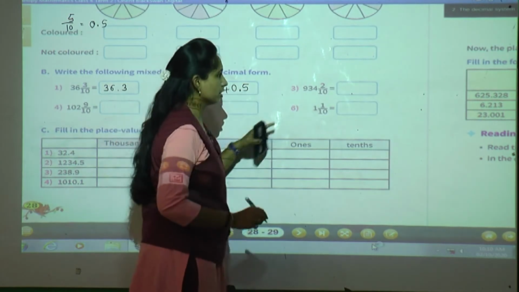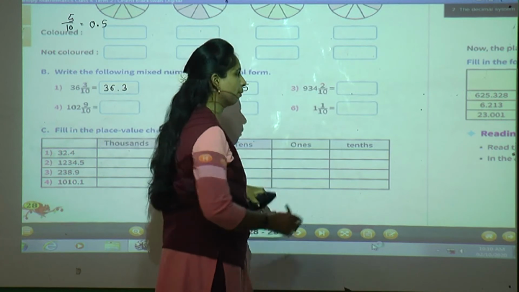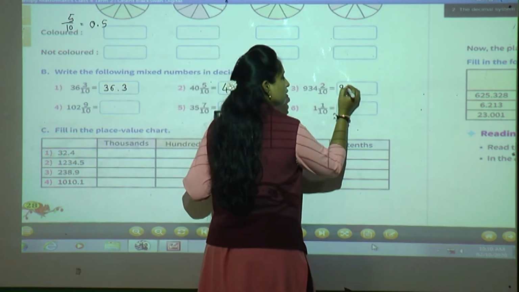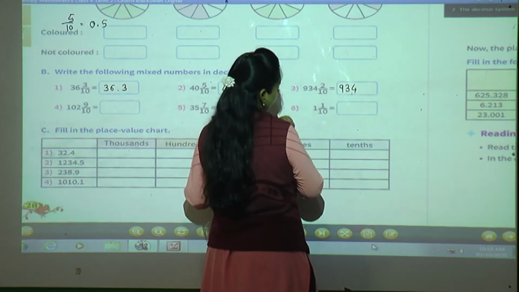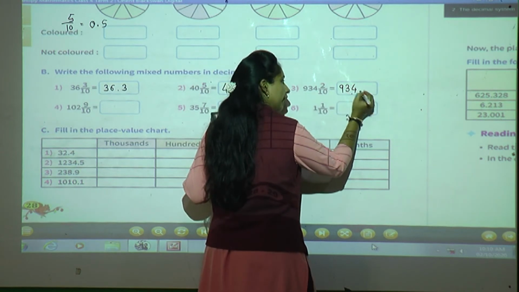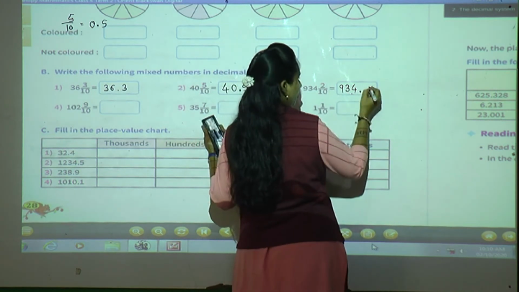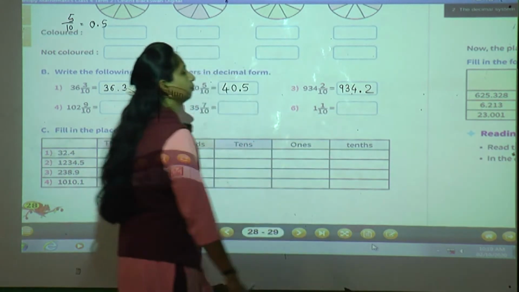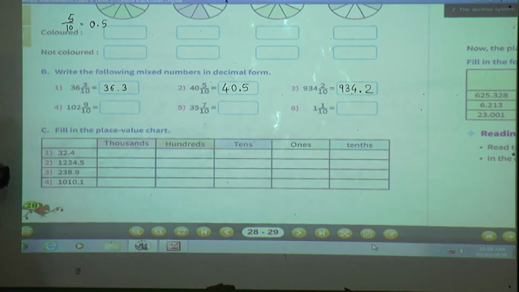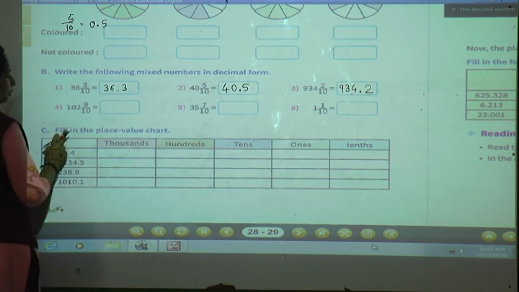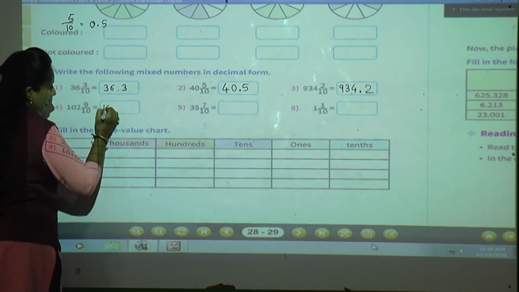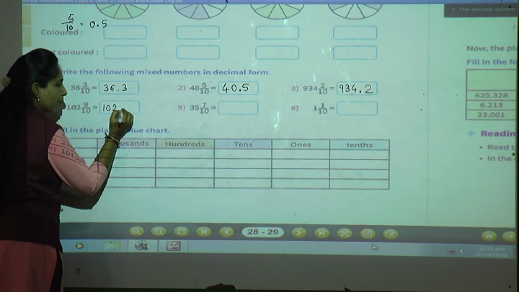Okay. Now see 934 2 upon 10. So write first the whole number 934, and give the point, meaning the decimal point, and 2. Clear? Very simple. Now 102 9 upon 10. Write 102.9.